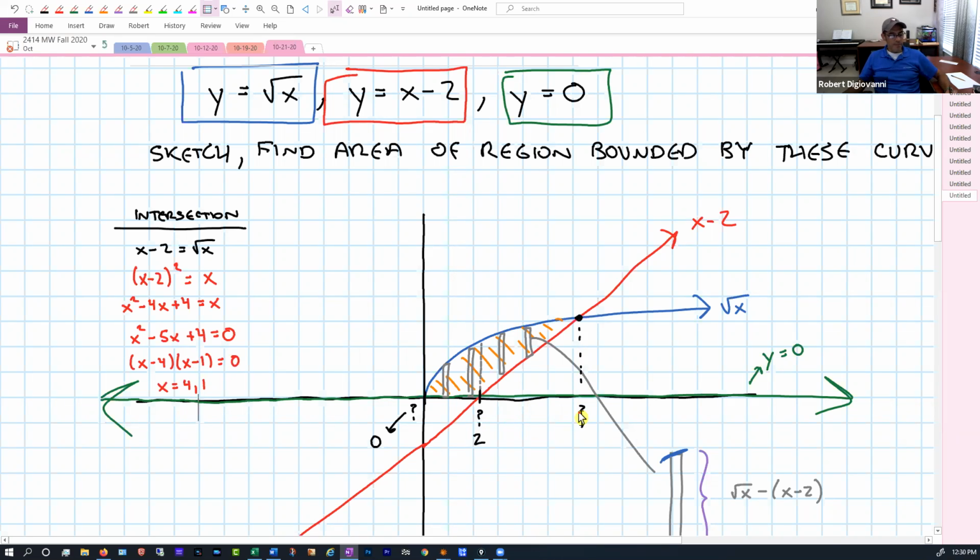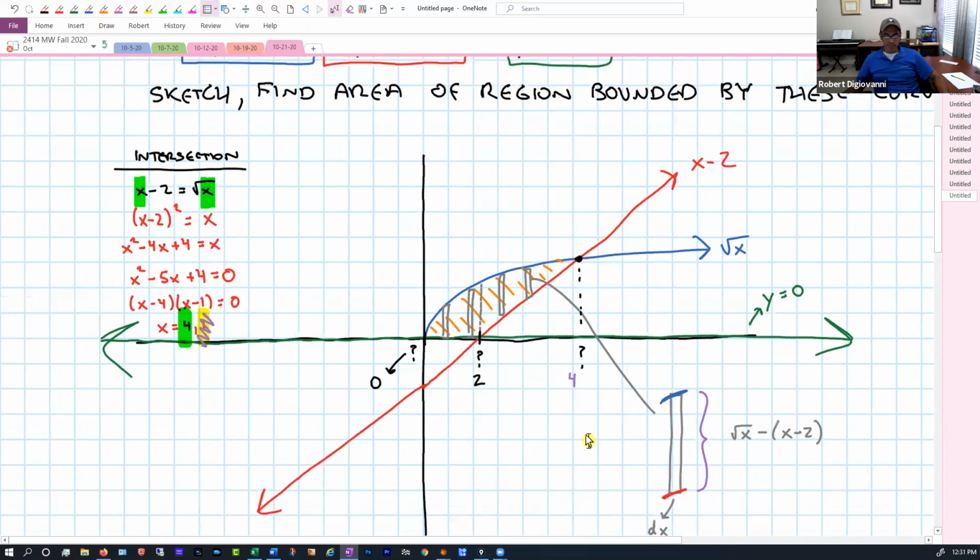But you could check real quickly that if you plug 4 in here, you get 4 minus 2, which is 2, and then the square root of 4, which is also 2, so that works. But if you plug in 1, it doesn't work, because 1 take away 2 is -1, and the square root of 1 is +1. So you get -1 equals +1. So that second answer is an extraneous solution. But we got what we needed. We needed to know that that was 4.